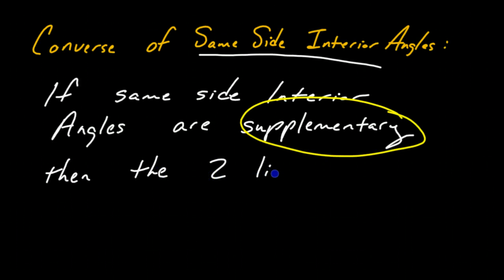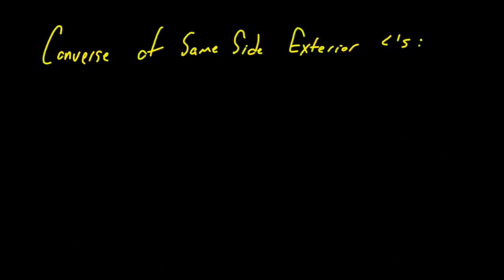If same side interior angles are supplementary, then the two lines are parallel. I think a really easy way to remember that is all the S's that you have. S, S, same side. You can think of S, supplementary. That's how I always think of it.